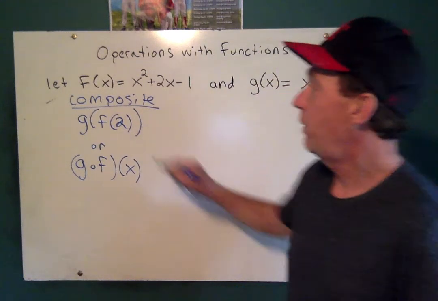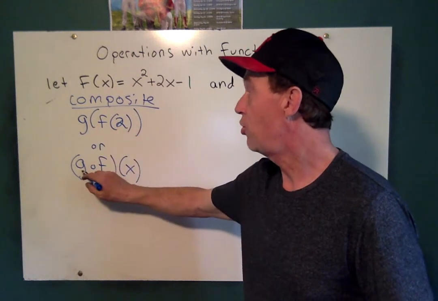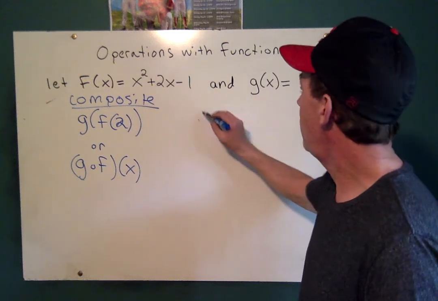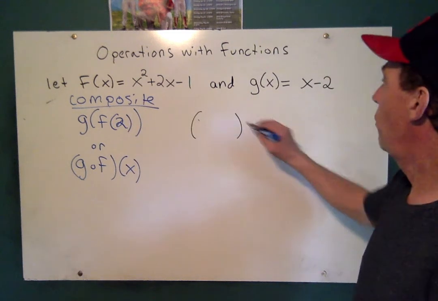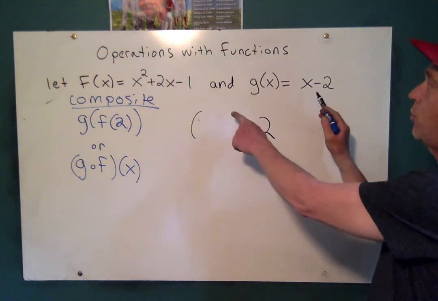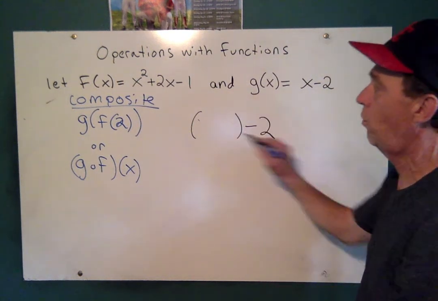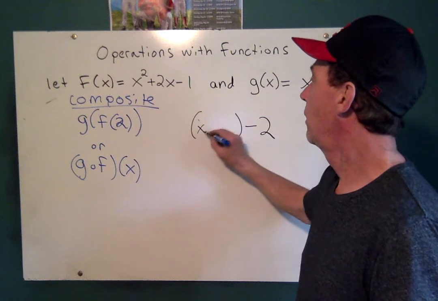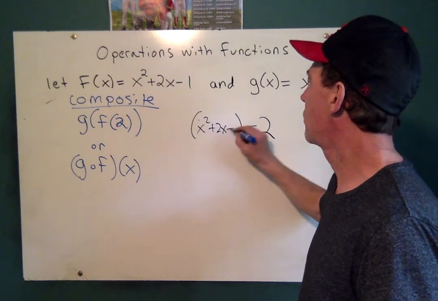So if we're doing this, we're going to start out with the function g, but in place of the x, we leave it open, and we're going to plug in, and then minus 2. So I took the function g, which is x minus 2, but in place of the x, I'm going to put the f function, x squared plus 2x minus 1.